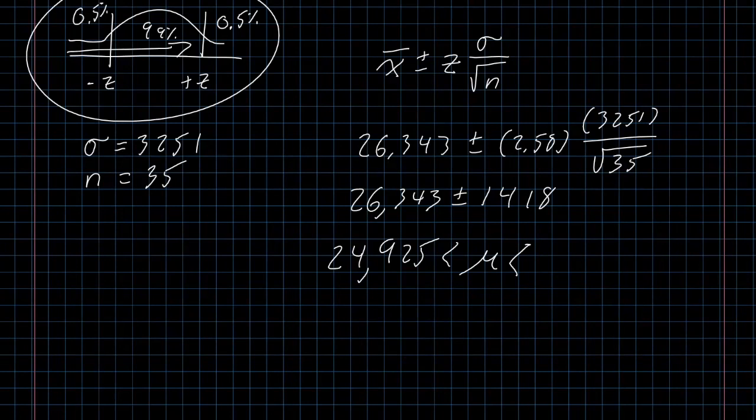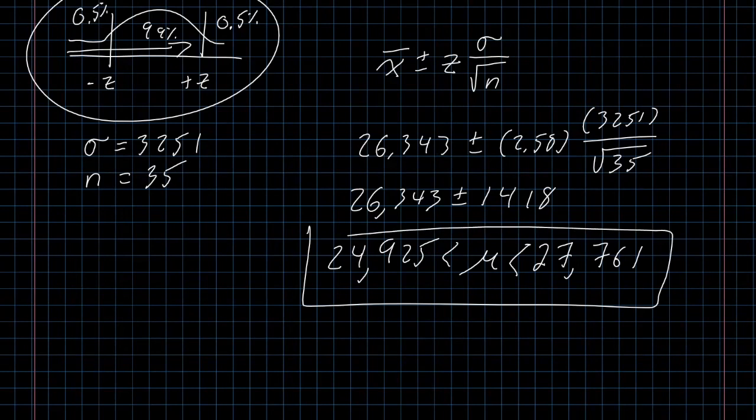And then 26,343 plus 1,418 is 27,761. And I know that the mean of the population is somewhere in that range.